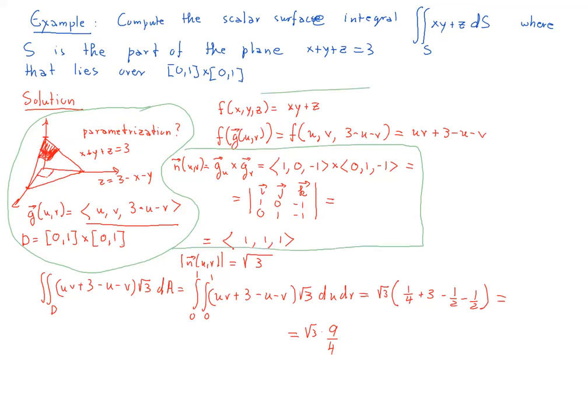We need to put together the pullback of the function, multiply it by the magnitude of the normal vector, and compute the resulting integral over the domain of the parameterization. Again, it might seem that there are many steps involved here, but it's not such a hard thing to learn, especially if we're already used to the scalar line integrals that had a very similar workflow.